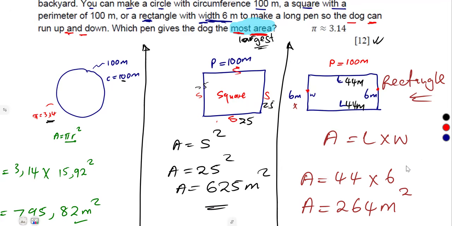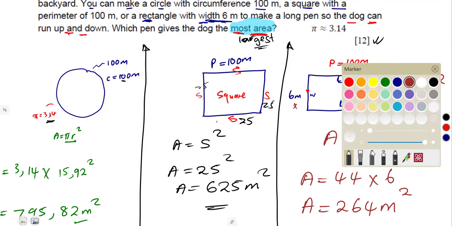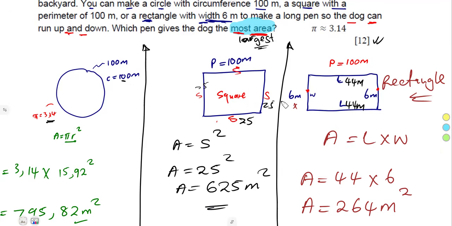So the question was, of what you're given, specify which one you are going to say this is the one. So which pen gives the dog the most area? Which one? Is it a circular one, which is a circle? Is it a square one?